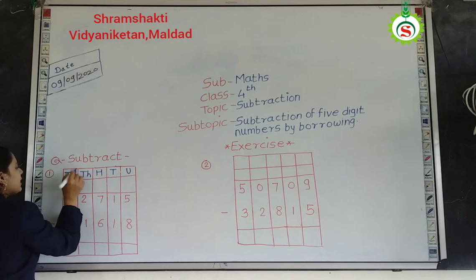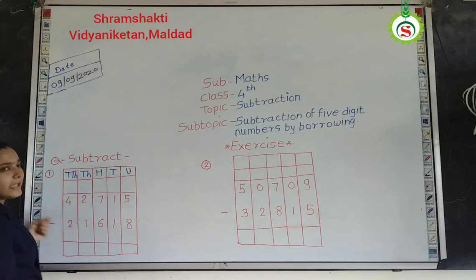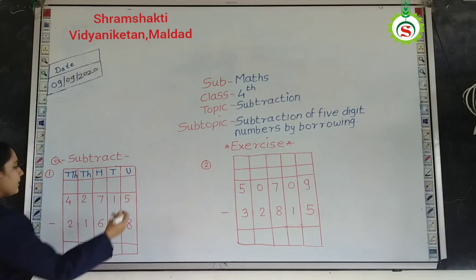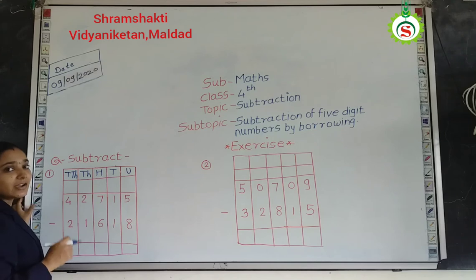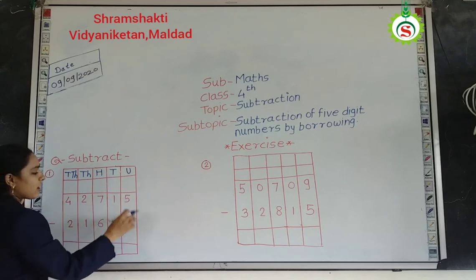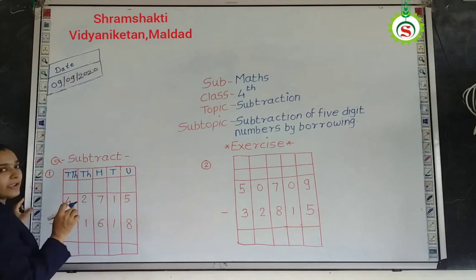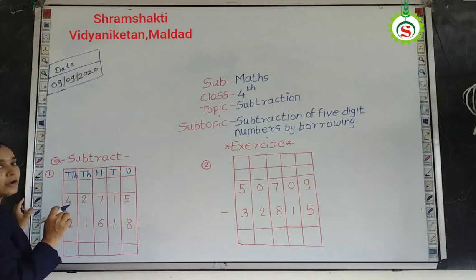Write down 10,000. Then solve place-wise, very simple. 5 units minus 8 units. How much? Correct. Here 5 is smaller than 8. Therefore, we need to take a borrow.